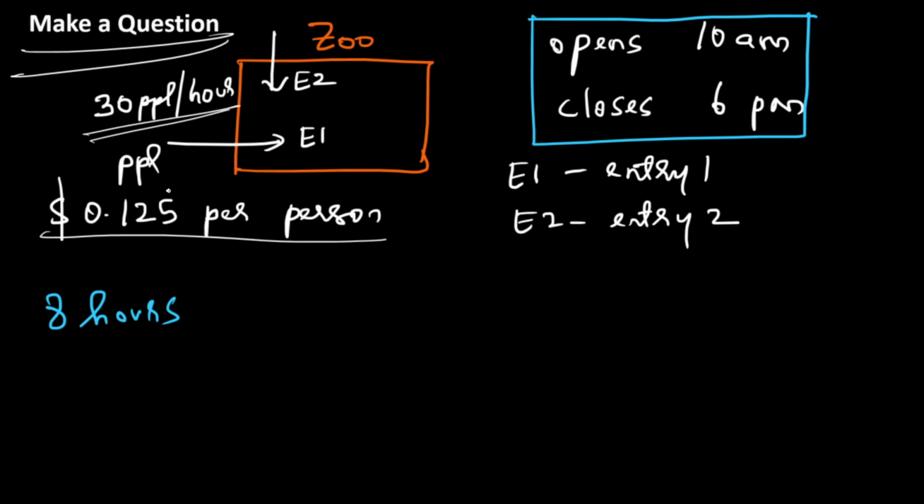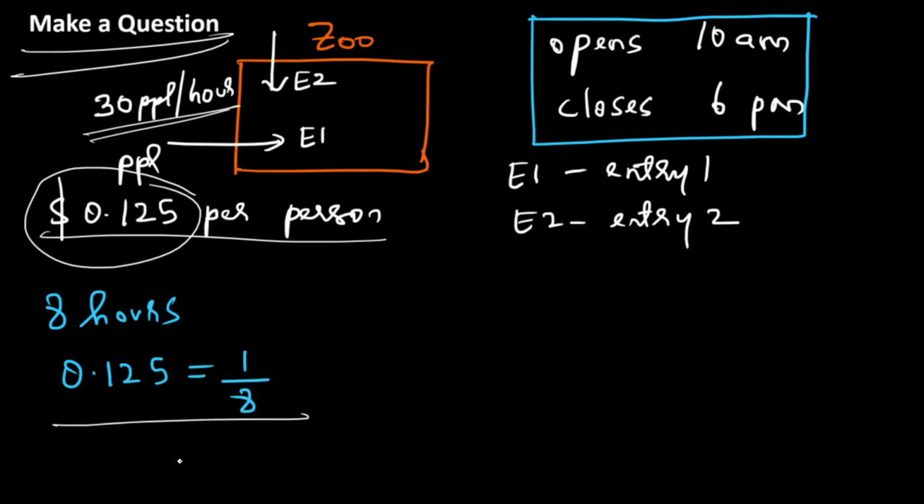Because the money charged per person is $0.125, and if you know the conversion between decimal and fraction, you know that 0.125 is nothing but 1 by 8. This trick is implanted in the question by design to benefit students who know this and to put students who don't know this at a disadvantage.